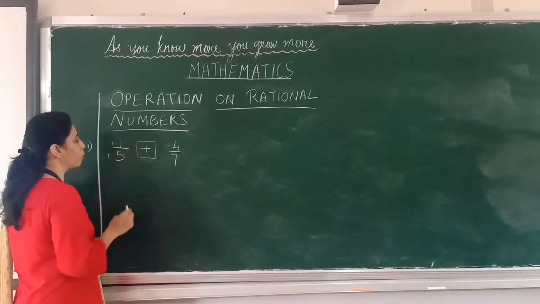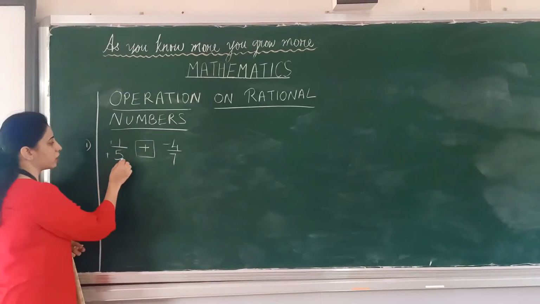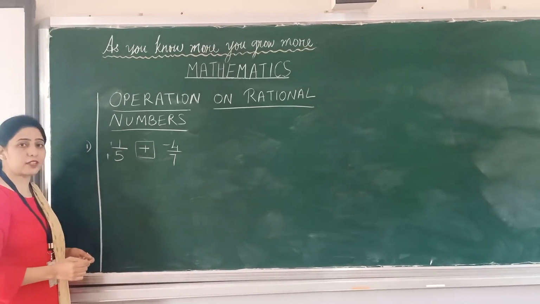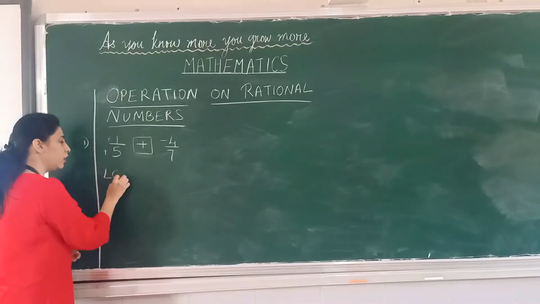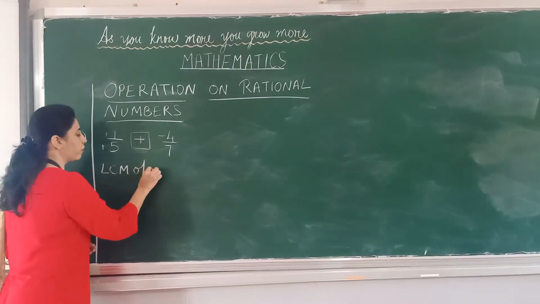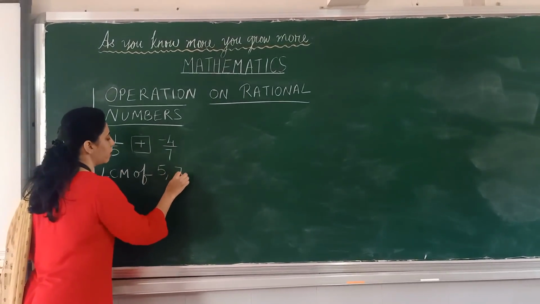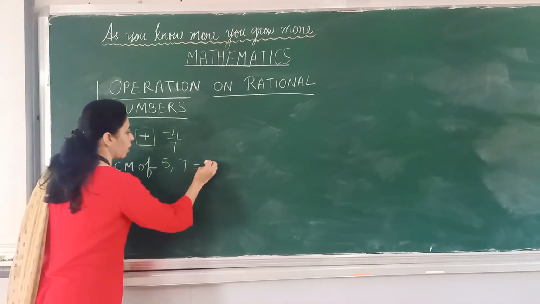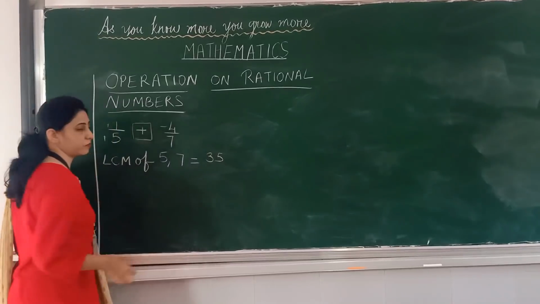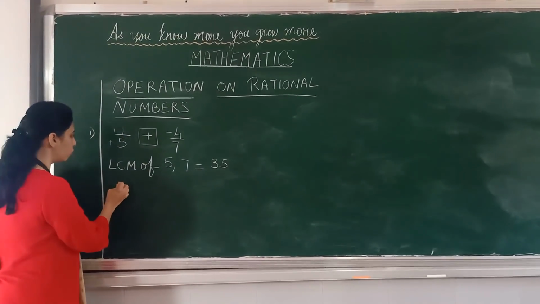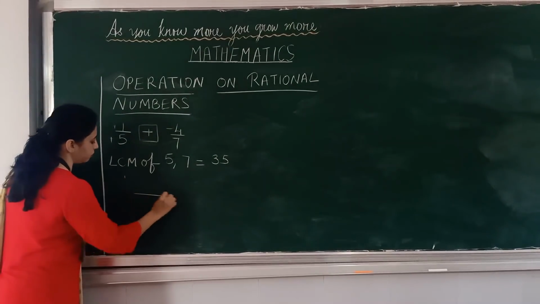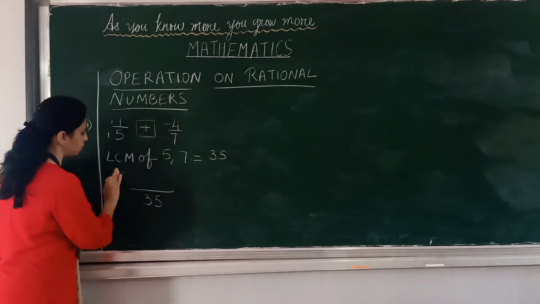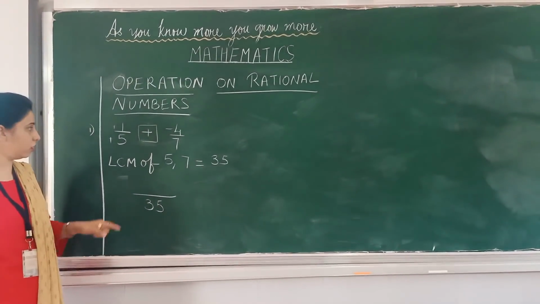Now how are you going to add both the rational numbers? First check the denominators. Denominators are different. So when the denominators are different, you have to find the LCM of 5 and 7. What is the LCM of 5 and 7? It's 35. Okay. So now we'll take 35 as the common denominator.